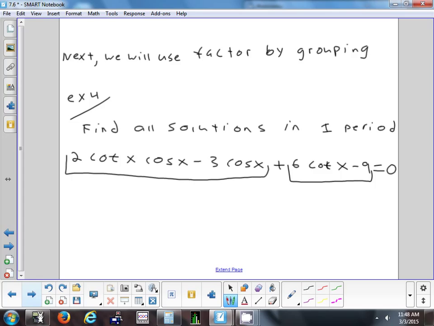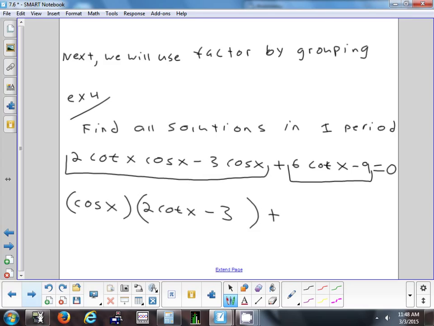Augustine, what do the first 2 terms have in common? Cosine. Yeah, they both have a cosine, so we're going to factor that out. If you factor it out of the first term, you're left with 2 cotangent. If you factor it out of the second term, you're just left with a -3.